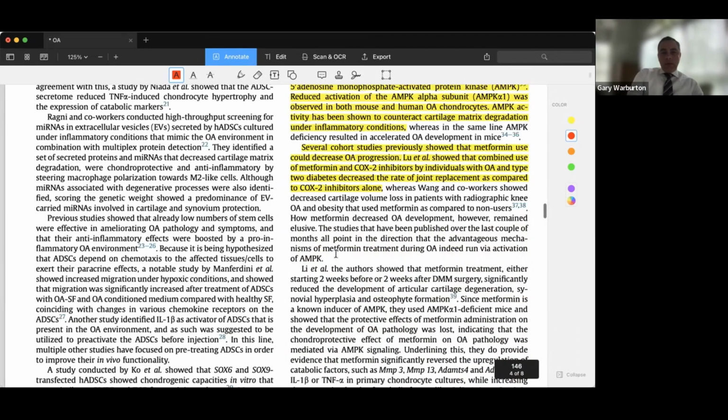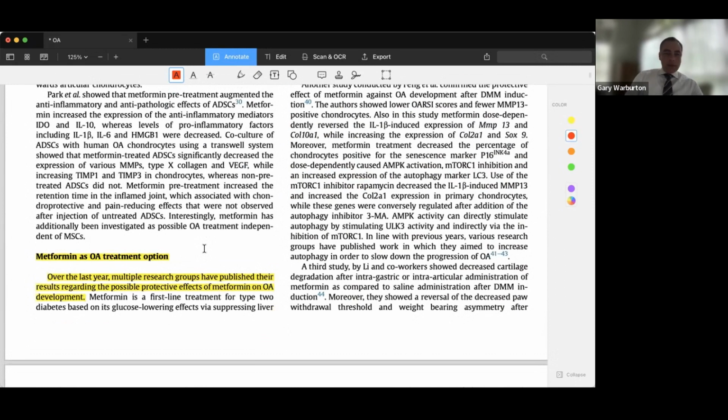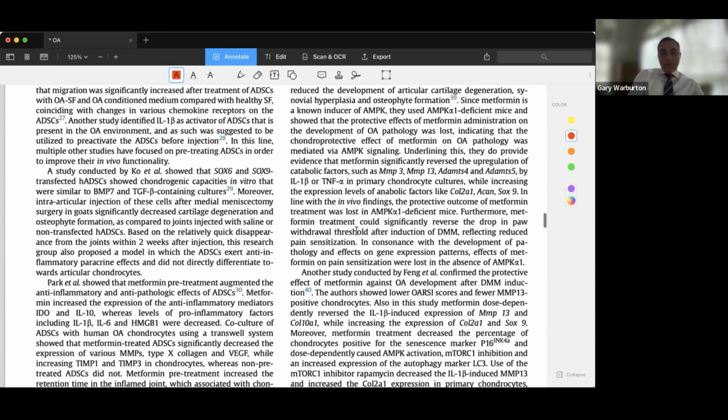Moving down to the interesting one, metformin, which is a novel therapeutic modality. Between 2019 and 2020, several research groups published results on the possible protective effects of metformin in OA development.